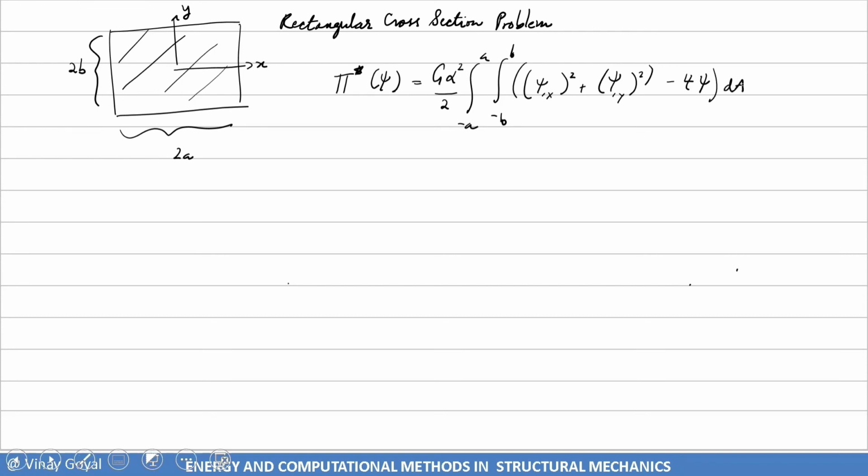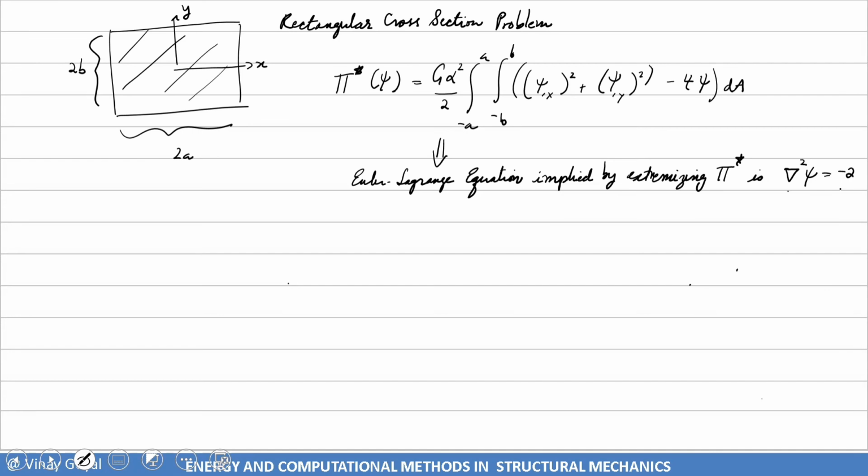Okay. Instead of solving the Euler Lagrange equation implied by pi star being extremized, I don't want to deal with solving that.